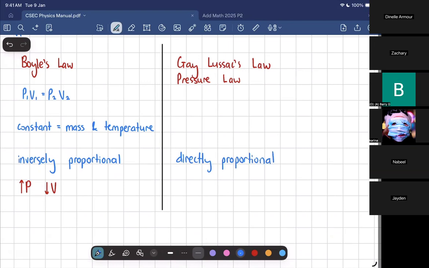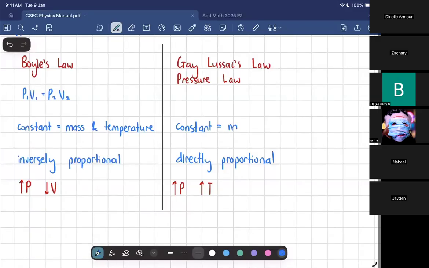And if it's directly proportional, we know that if the pressure increases, the temperature increases also. But the easiest way to understand this is if you increase the temperature, pressure will increase. Great. So if we're dealing with pressure and temperature, what do you think are the constants? Volume.